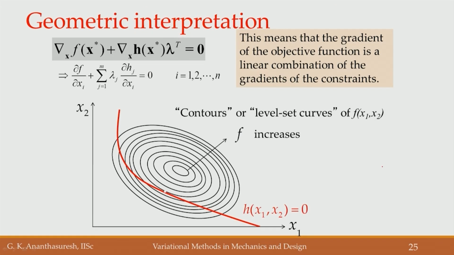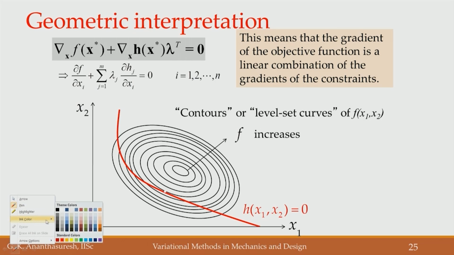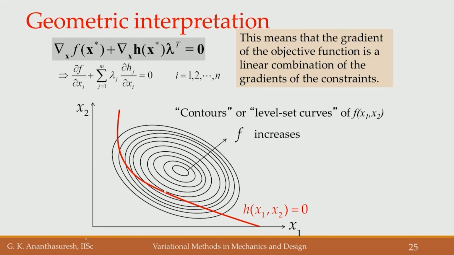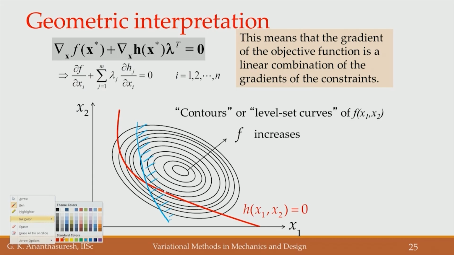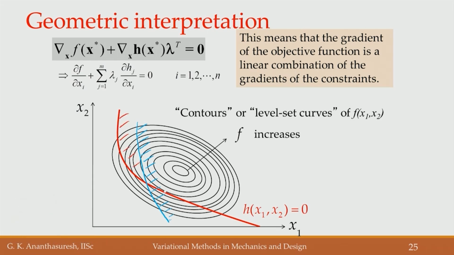And there is a geometric interpretation, as we already discussed. If there are multiple constraints, let us say I choose a different pen color, let us say there is another constraint. We are saying that this side is not feasible, we cannot go there. Similarly, for the red one we cannot be on that side, we have to be below this curve.